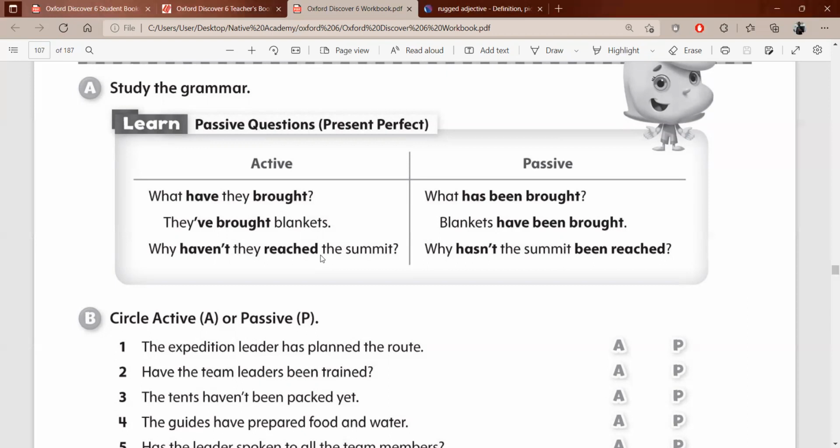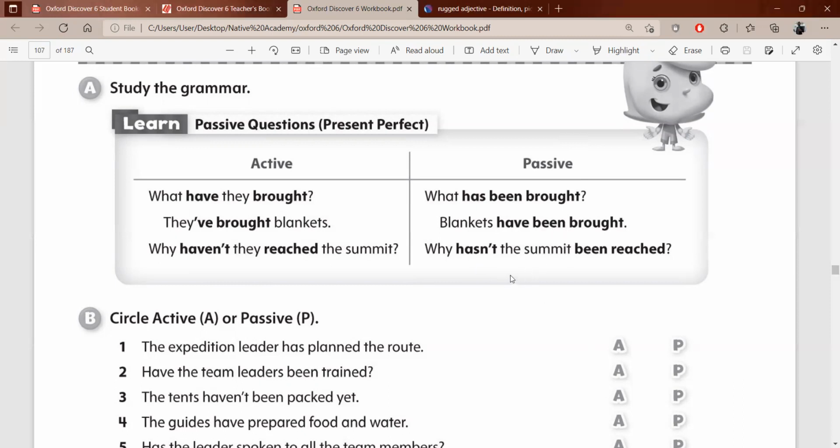He used have at first because he said they. He was talking about them, so he couldn't say has. But in the passive, he started with the summit, so he said has. In the question we are talking about they, so we use have. In the passive we are talking about the summit, which is singular, so we use has.